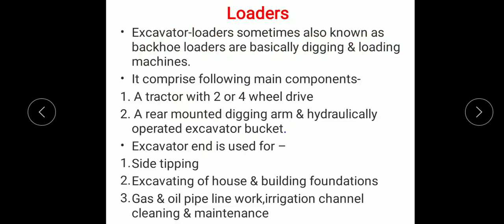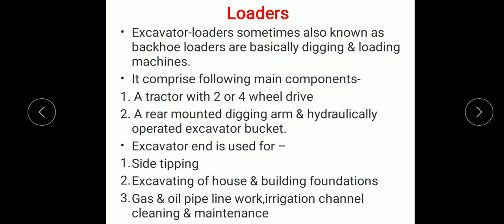The next type of equipment is the loaders. These are also known as earth loaders, and the loader is commonly used on big projects to load large hauling units. The machine has a frame mounted on crawler tracks and a cutting blade, plow, conveyor chute, conveyor belt and engine to operate the belt, etc. Excavator loaders, sometimes also known as backhoe loaders, are basically digging and loading machines.